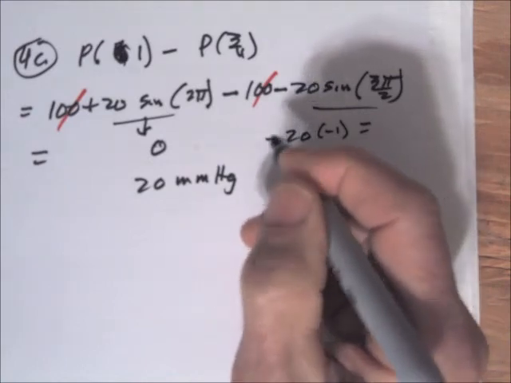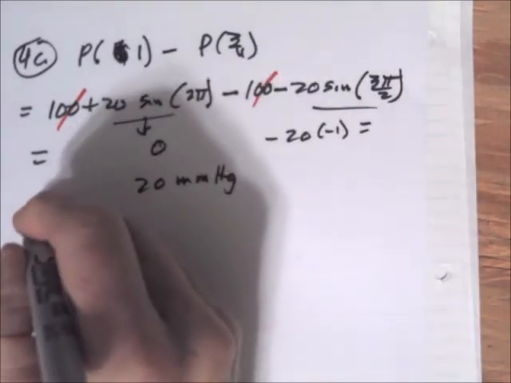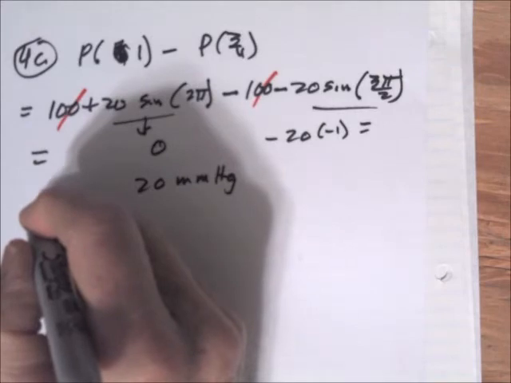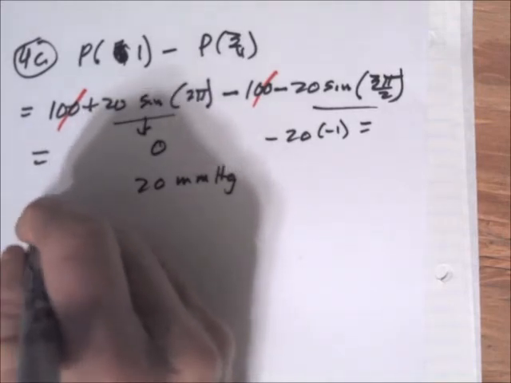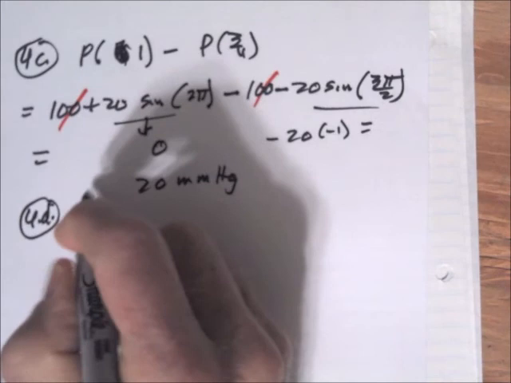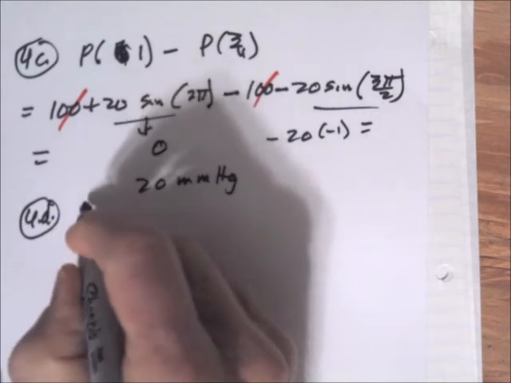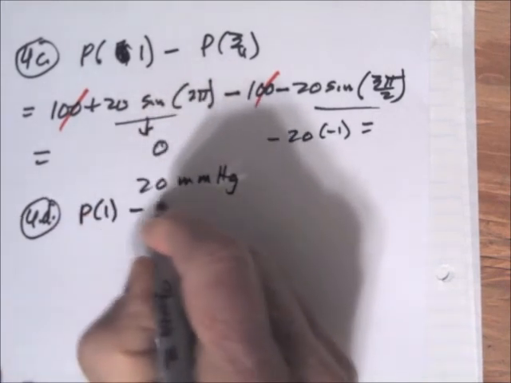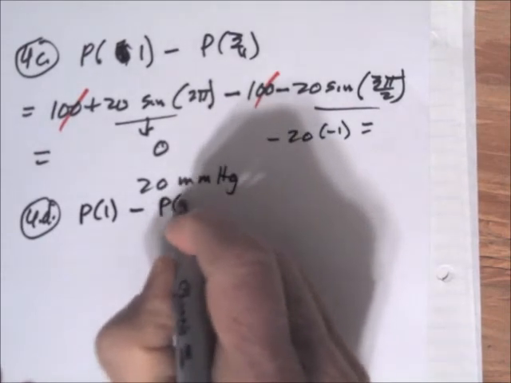Okay, so net change from 0.25 to 1 second. So it's p of 1 minus p of 1/4.